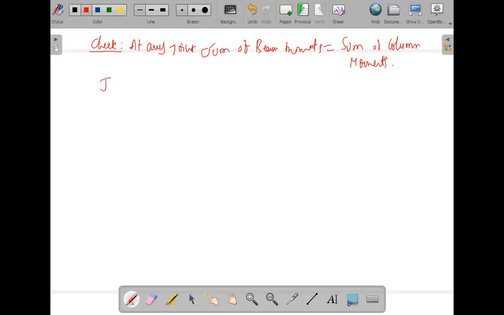Now for the check, I am considering joint A. What is the beam moment at joint A? That is MAB. What is the column moment at joint A? MAE. If they are equal, then it is okay.